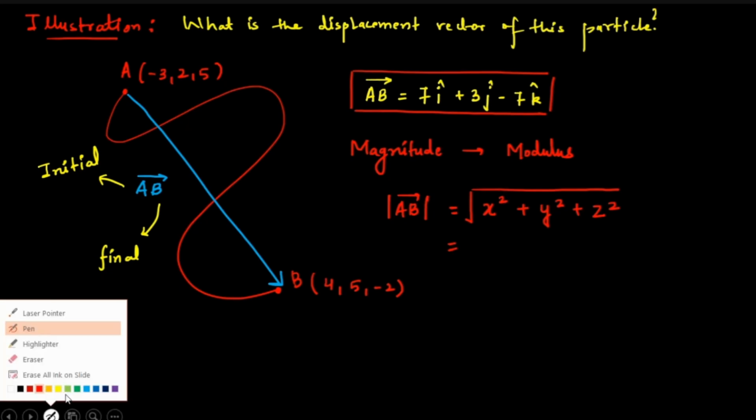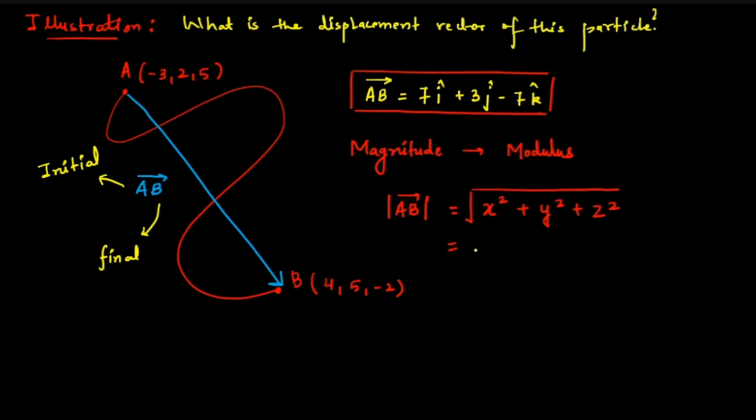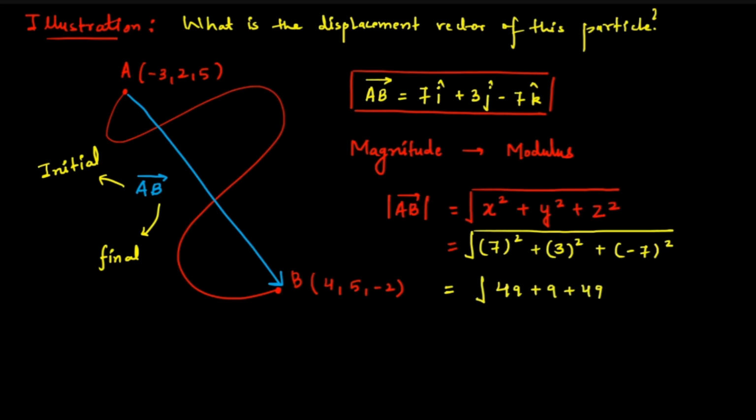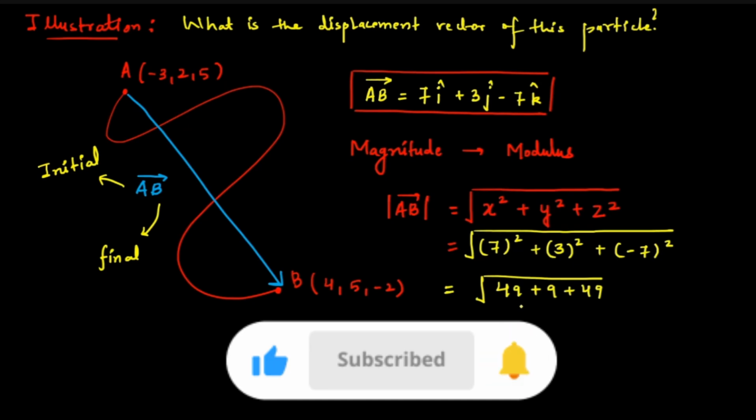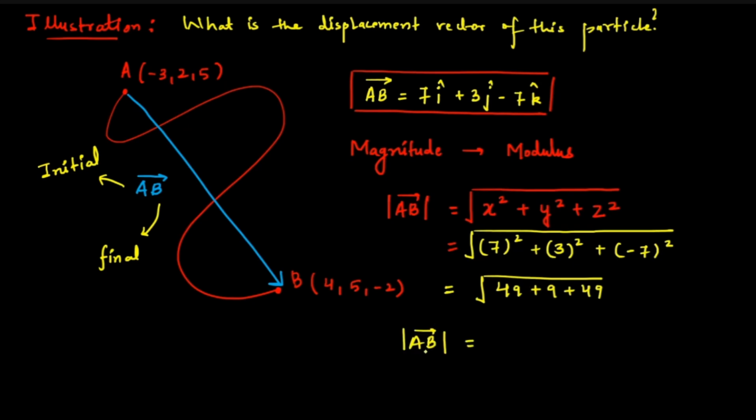So what are we supposed to get here in terms of modulus or magnitude? 7 square plus 3 square plus minus 7 square, whole under root. Once we solve it, we'll get 49 plus 9 plus 49. So here AB vector's magnitude is going to be 98 plus 9, 107.